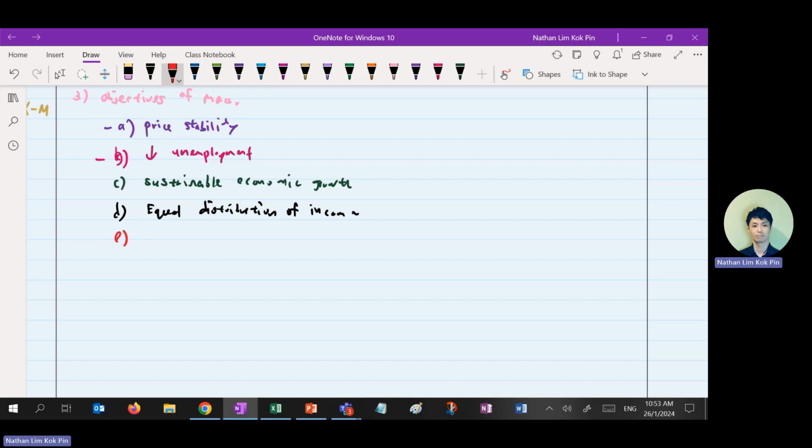Balance of payment. I read the entire thing for you in case you don't know, it's BOP, balance of payment. And last, which is an additional one, I put allocation of resources efficiently.